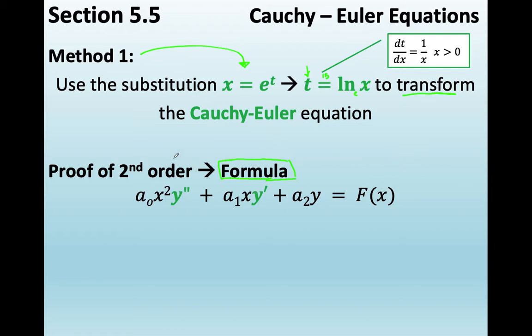So I'm going to focus on the derivatives here. I'm going to want to substitute in for y double prime, and I want to substitute in for y prime. And you might be tempted to say, well, you have a derivative over here with respect to x. But it's not dy, is it? It's dt. But I taught you calculus now, didn't I? So I am going to find y prime, the first derivative.